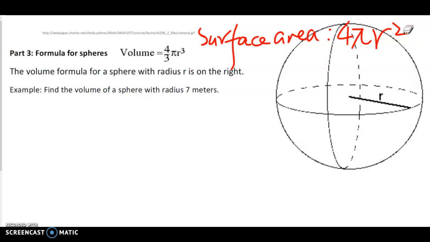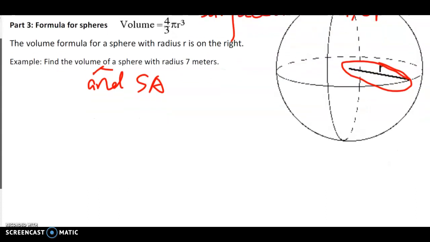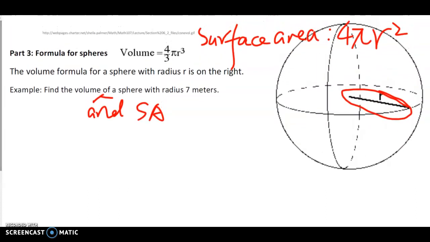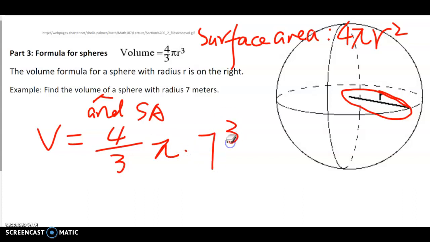So the radius r is right here. For this example, find the volume and surface area of a sphere with a radius of 7 meters. So the volume V equals 4 over 3 pi r cubed, with r equals 7, so 7 cubed.